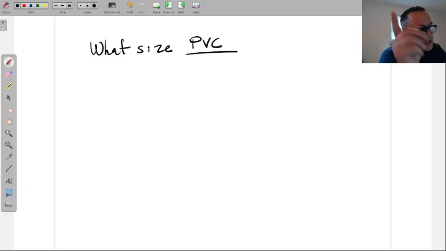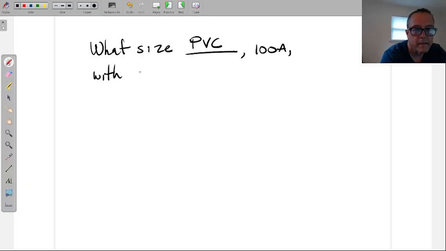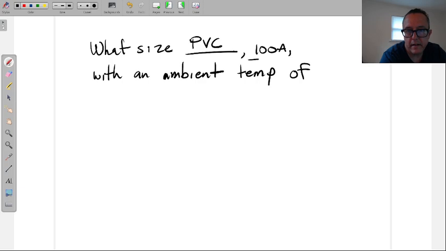Remember, this is the insulation, not the conduit, because you can go, oh no, we're going to look for a conduit. No, insulation type. What size PVC insulation type is needed for 100 amps with an ambient temperature of, and then whatever temperature I give you.